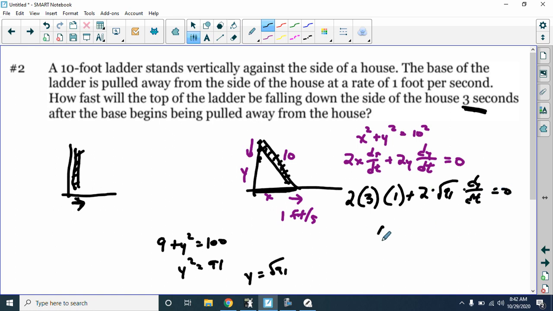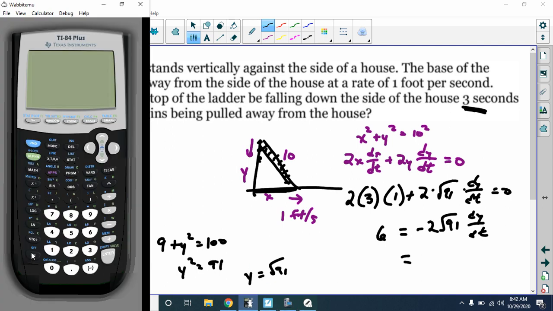Subtract that over. And divide. So we have 6 divided by -2 root 91.